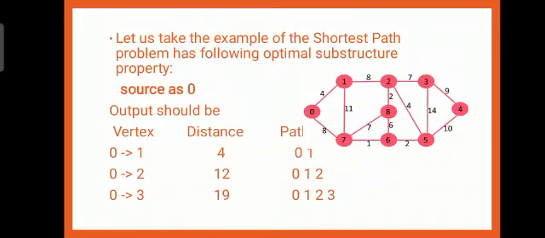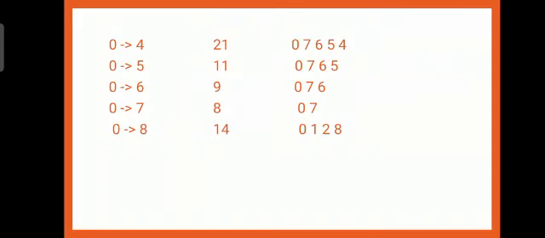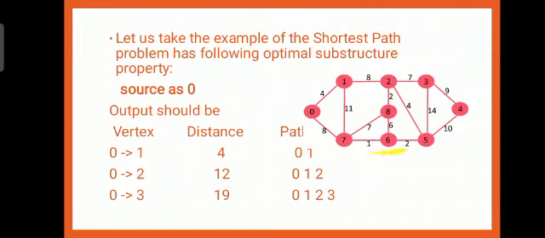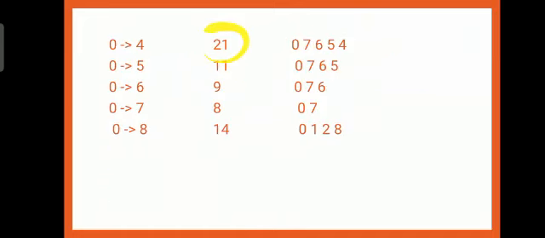That may be 0 to 1, 1 to 2, 2 to 3 and 3 to 4, or else we can take another path, which is 0 to 7, 7 to 6, 6 to 5 and 5 to 4. As we can see in the diagram, by adding this path's distance we get 21.